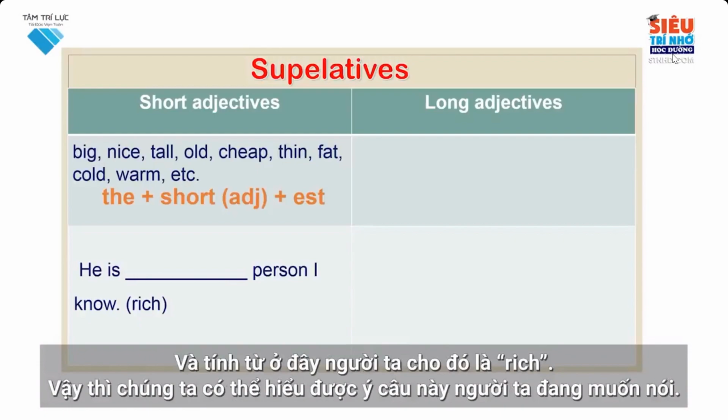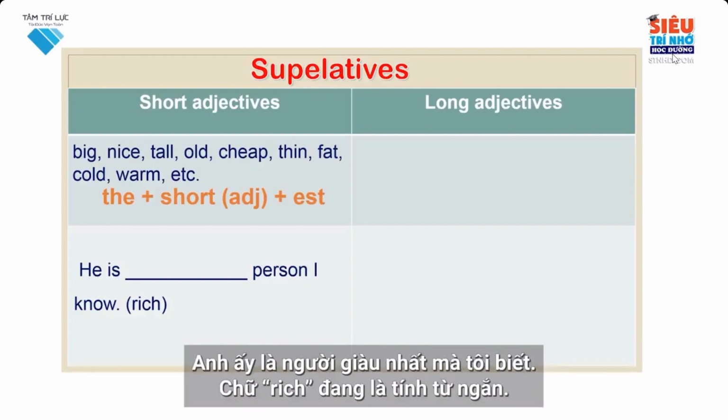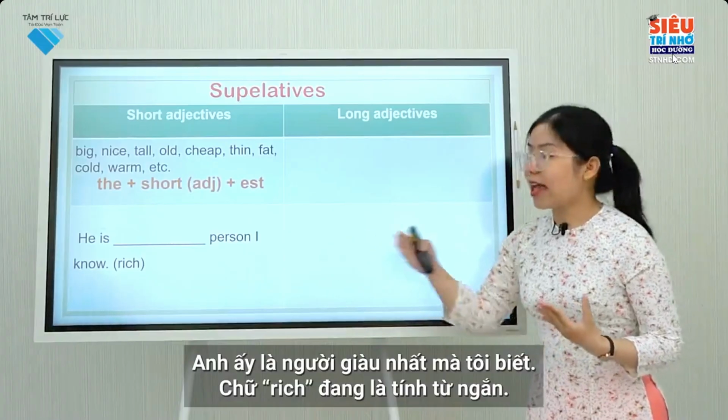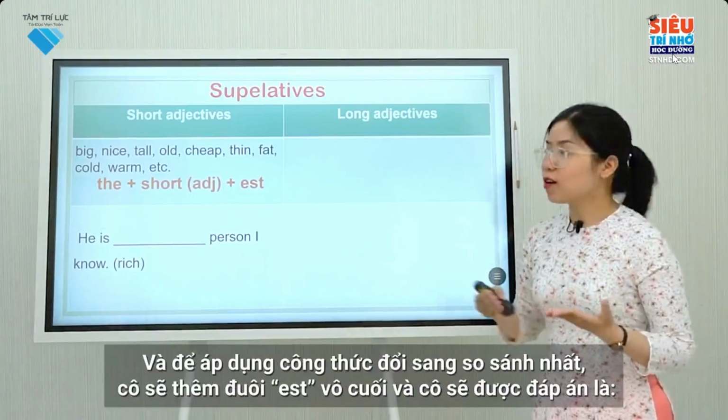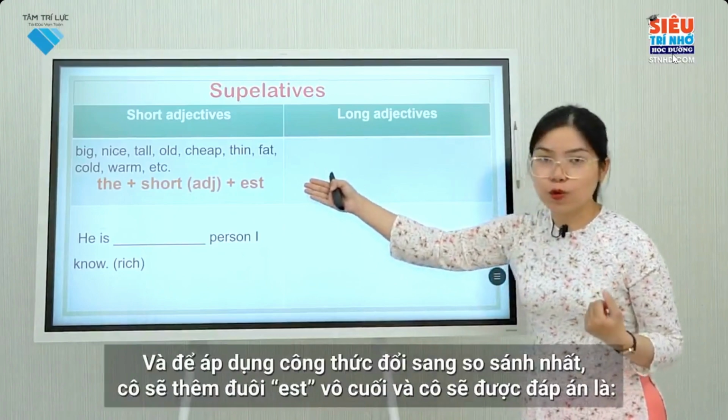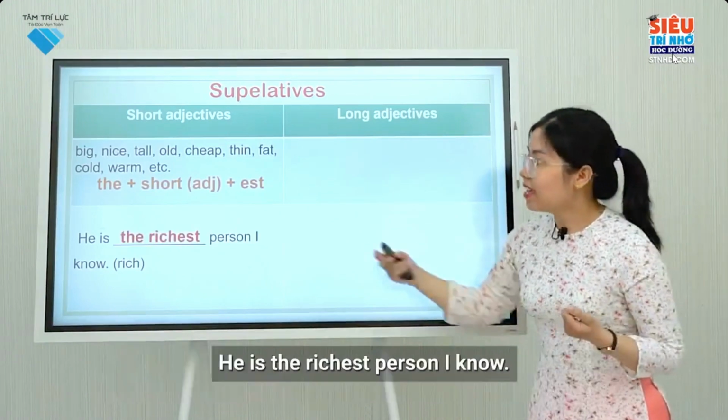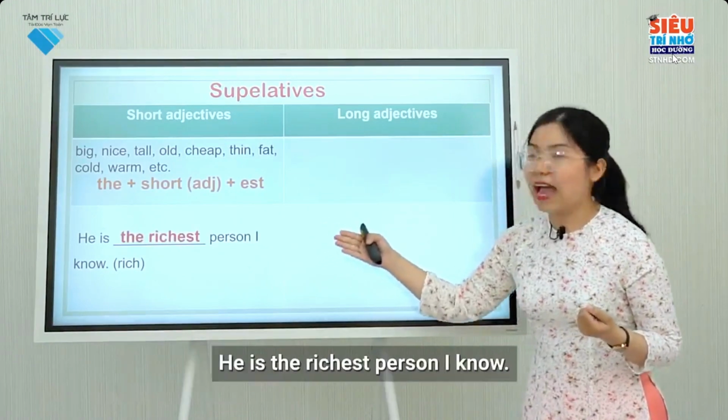And the adjective here is rich, so we can understand the meaning of this sentence. He is the richest person I know. Rich is a short adjective. And to change into superlative, I will add the ending est to the last, and my answer is, he is the richest person I know.